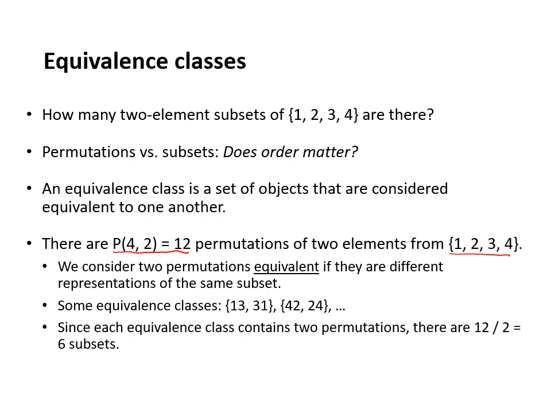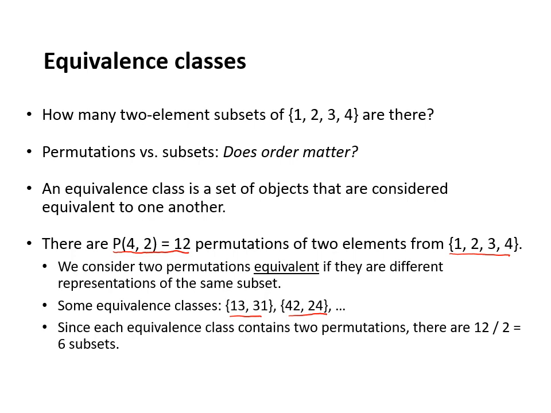Now let's put these permutations into equivalence classes. We consider 2 permutations equivalent if they are different representations of the same subset. Here are some examples of equivalence classes. Permutations 1, 3 and 3, 1 are equivalent because they contain the same elements. The only thing that's different is the order. The same goes for 4, 2 and 2, 4, and so on.